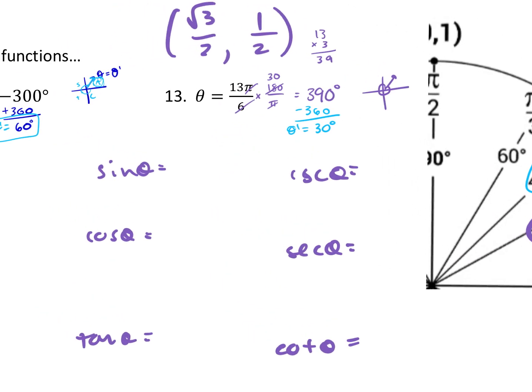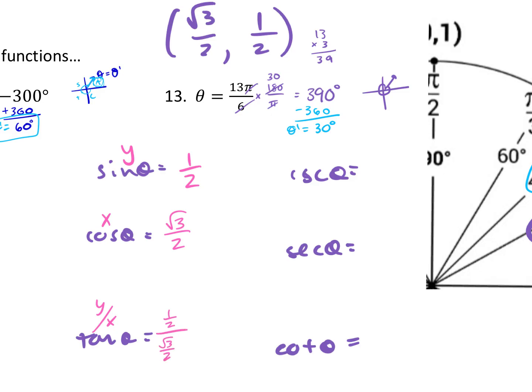So sine, we look at what? X. Just kidding, y. Sine, we look at y. That'd be 1/2. Cosine, we look at x. So x is square root 3 over 2. Tangent is y over x. So 1/2 over square root 3 over 2.